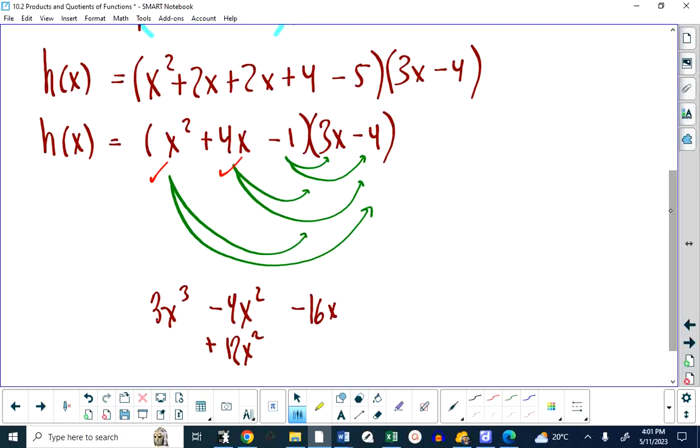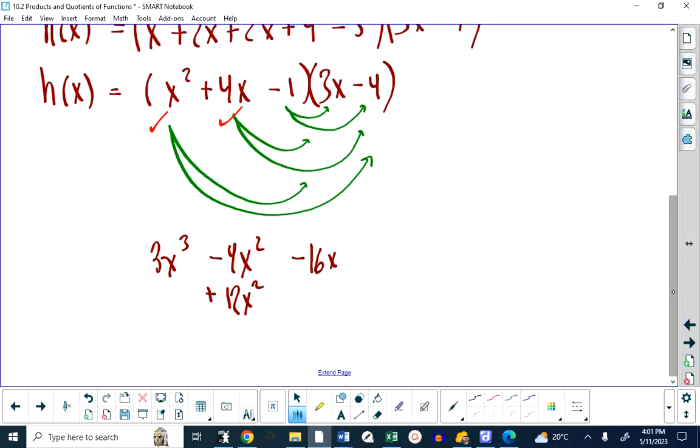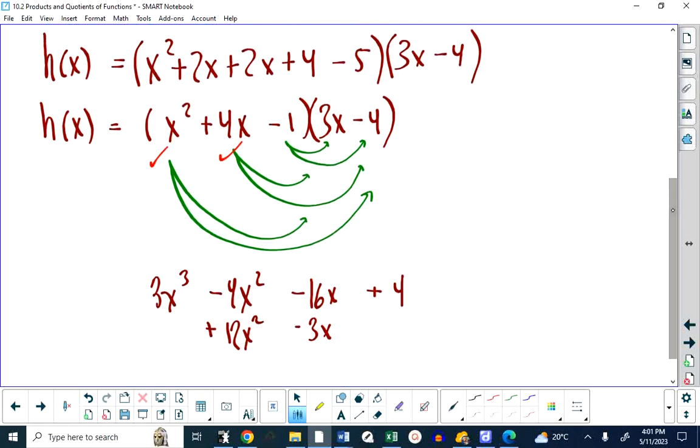I'm done. And after I'm done with all these, I'm going to double check all of them. And now I'm moving on to the negative 1. Negative 1 multiplied by 3x is negative 3x. Negative 1 multiplied by negative 4 is 4. Let me double check all of those. You should be double checking them as well. 3x cubed plus 12x squared minus 4x squared.